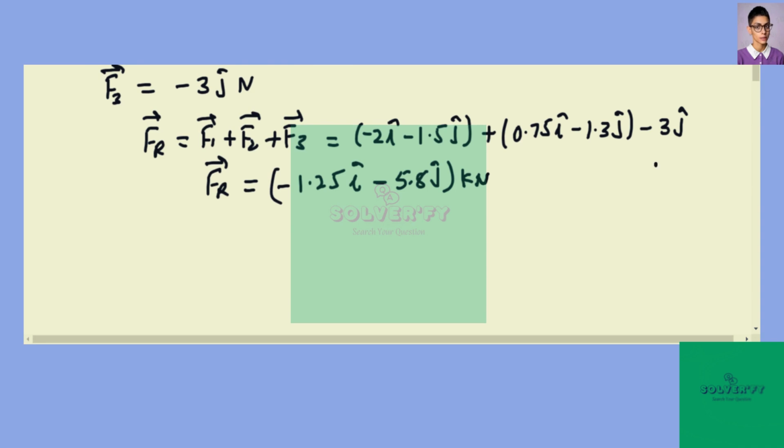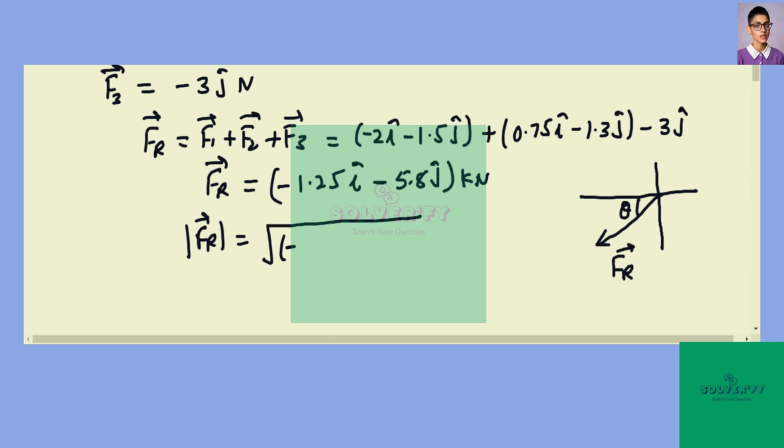Now you can draw the diagram for it. This force can be expressed like this: this is the resultant force. This angle you can measure. Its magnitude you can obtain as the square root of minus 1.25 whole square plus minus 5.8 whole square, and this value will be around 5.93 kilonewton.